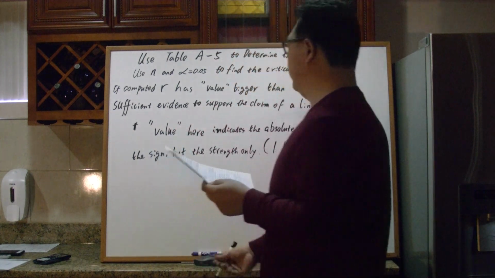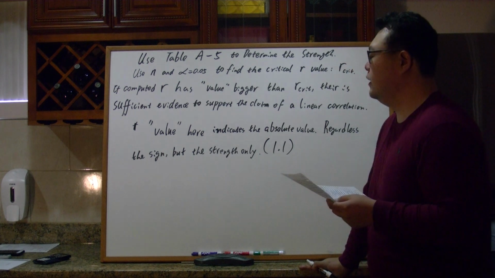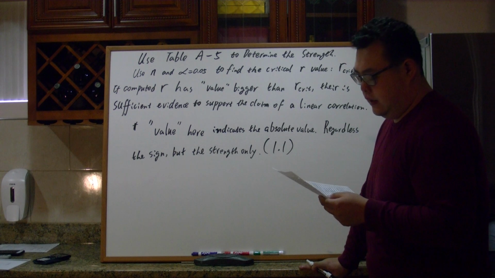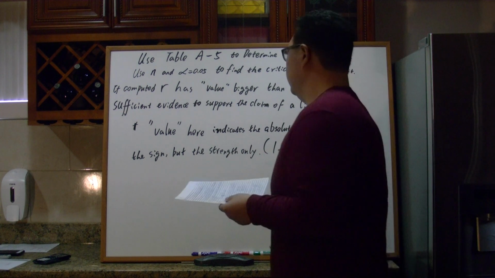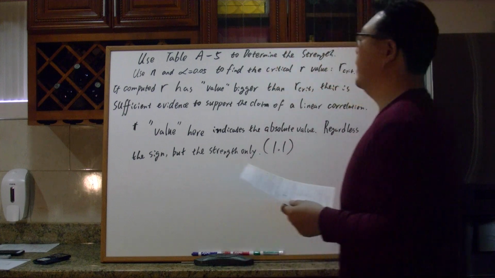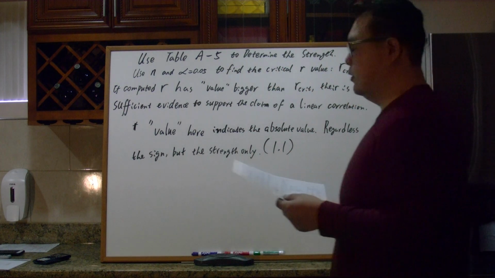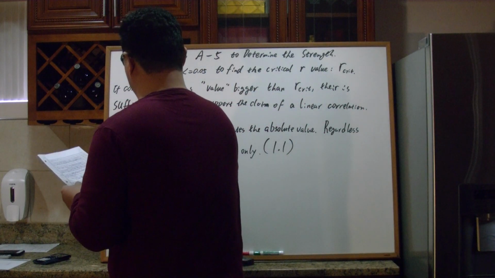The symbol of two vertical lines around our computed number is the absolute value symbol, and that indicates the absolute value, regardless of the sign, only the strength is what we care about, right, to see how strong it is.